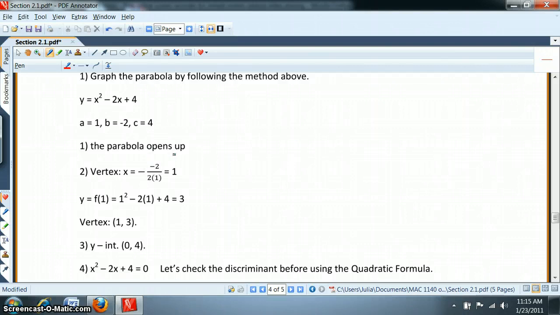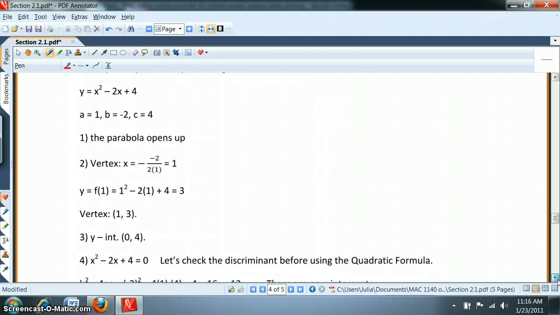The parabola opens up because a is positive. The vertex x happens to be 1. Notice negatives cancel. And f of 1, if you plug in 1 for x, we get 3. So it's (1, 3). The y-intercept, if you recall, is (0, c), which was 4.